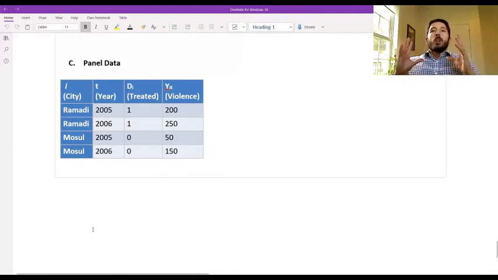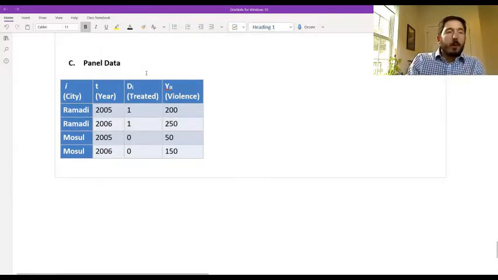And so we can use that structure of the data with a couple of assumptions that we're going to talk about, and we can use that to try to construct a counterfactual, right? To try to take a guess at what Ramadi would have looked like in 2006 had it not received the treatment.